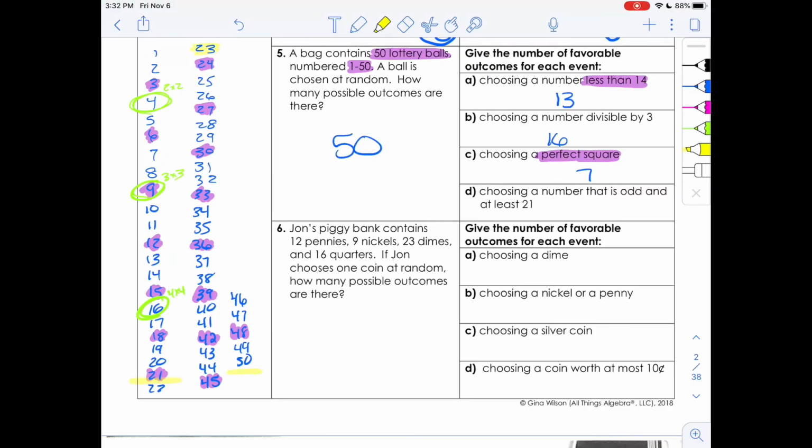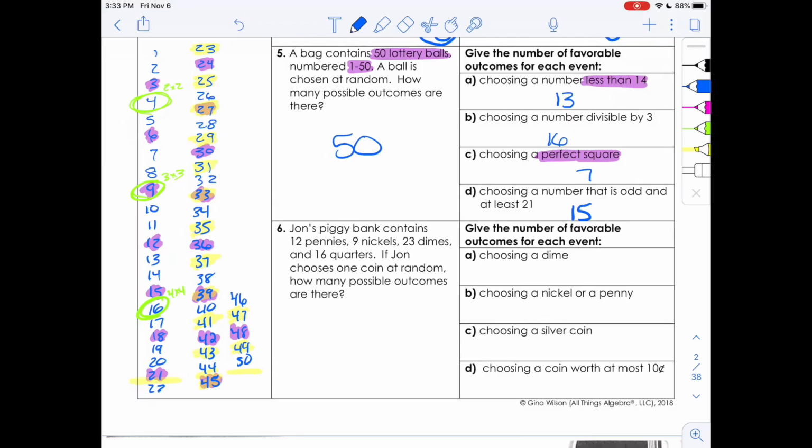So 23, 25, 27, 29, 31, 33, 35, 37, 39, 41, 43, 45, 47, and 49. Because it's at least 21. So from 21 to 50, we're going to count those yellow highlighted ones. And there are 15 of those.